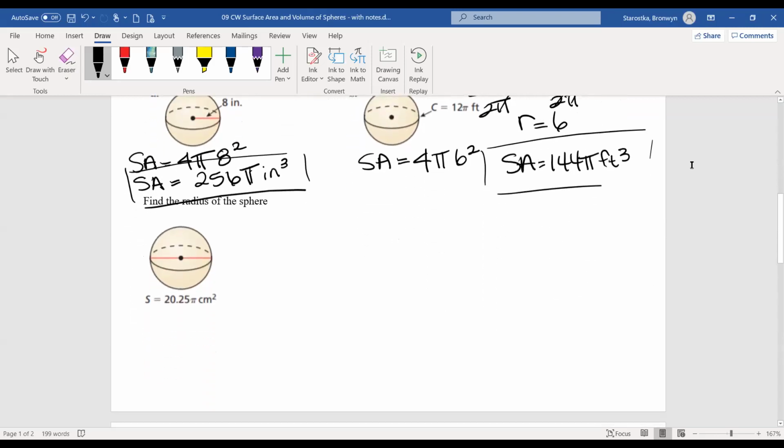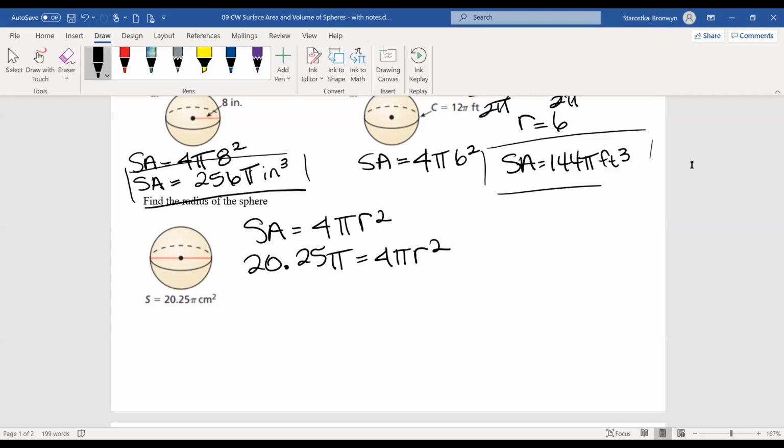For the next one, we're just working backward when given the surface area to find the radius. So if I know that the surface area is 4 pi r squared, and I know that they've given me the surface area of 20.25 pi, 20.25 pi equals 4 pi r squared.